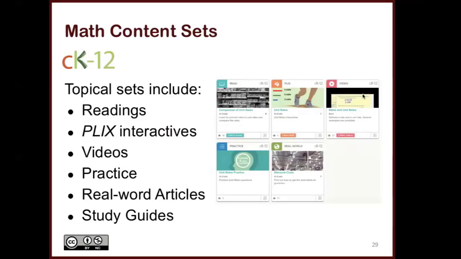In this case, this is looking at unit rates, and you'll see the real-world activity is an article about discount clubs. So a great real-world concept that is very relatable for adults, things like Sam's or BJ's, wholesale clubs or Costco, where obviously with the volume, you get a discounted unit rate, and that's why these things are so popular. And so it provides all of these for these various topics.